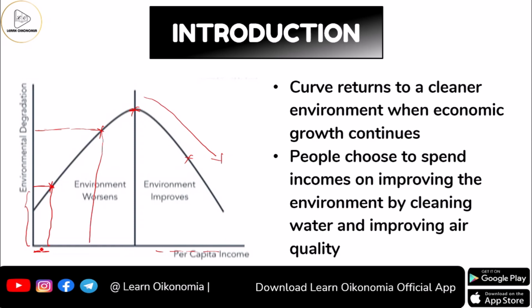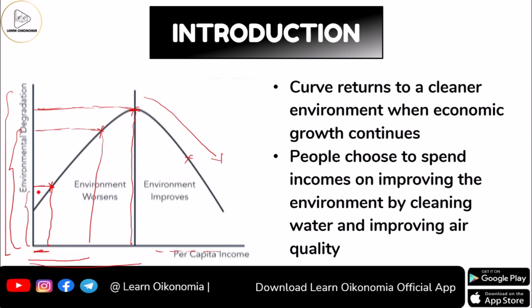You will have this much growth and this much environmental degradation. And what about here? If you are at this particular point, your environmental degradation appears to be maximum, and you can have this much level of per capita income and this much level of environmental degradation.